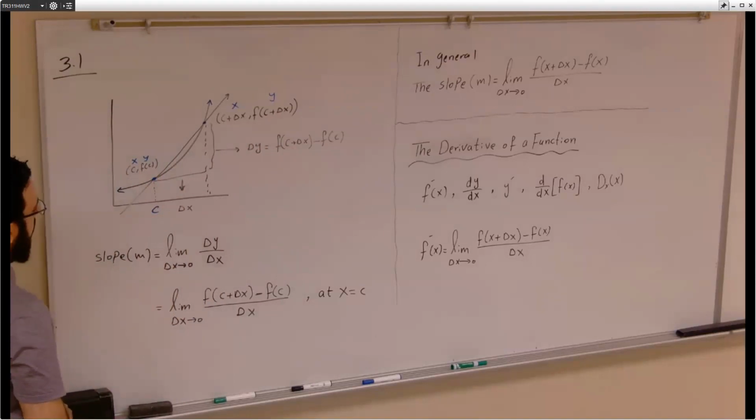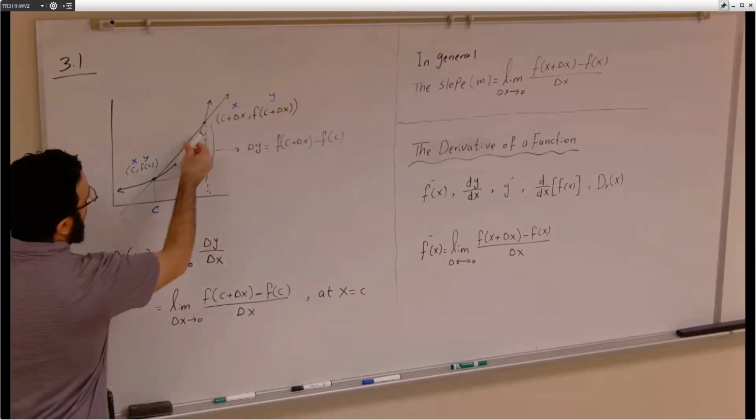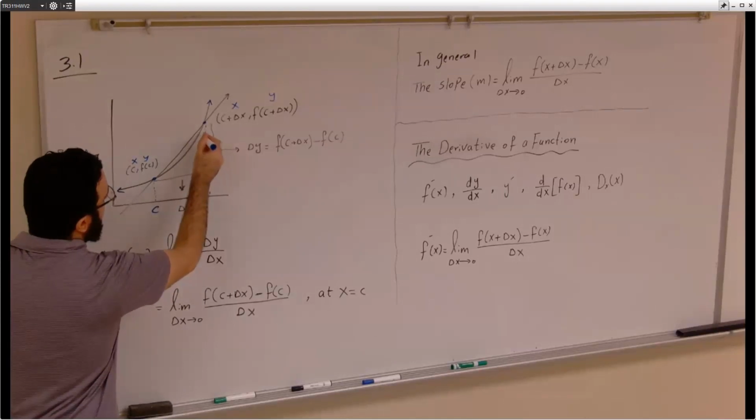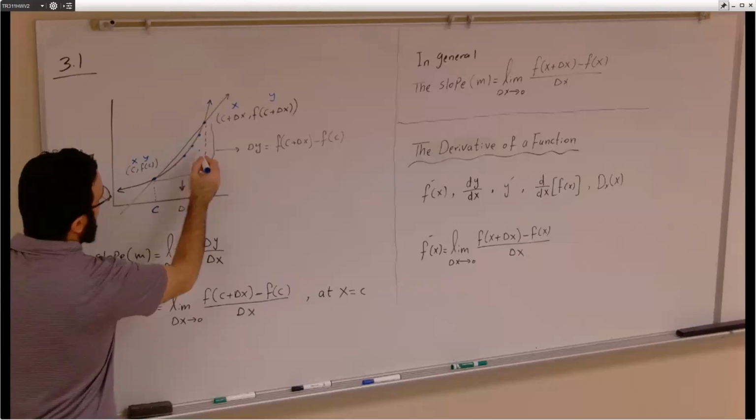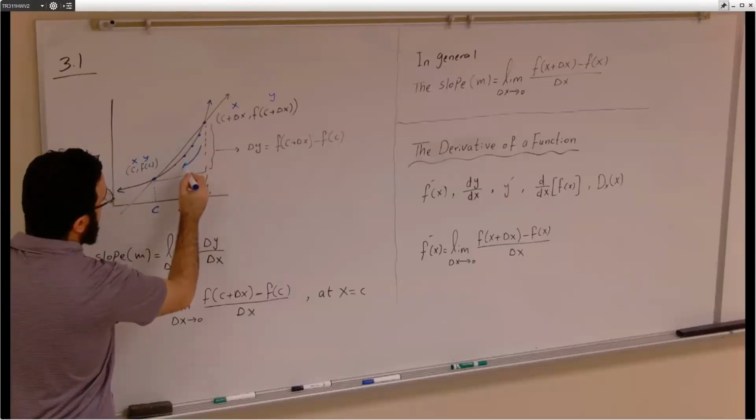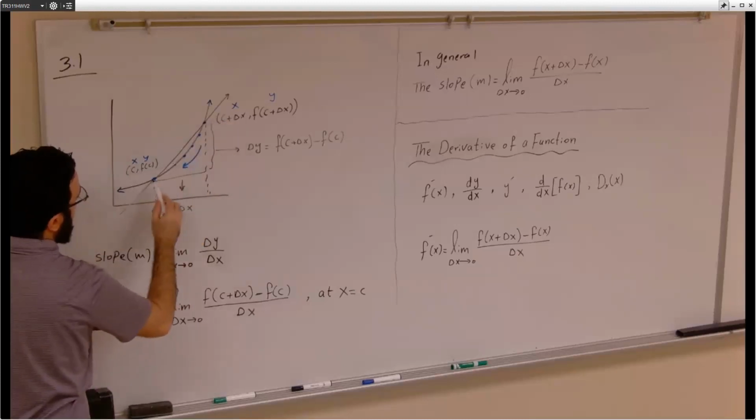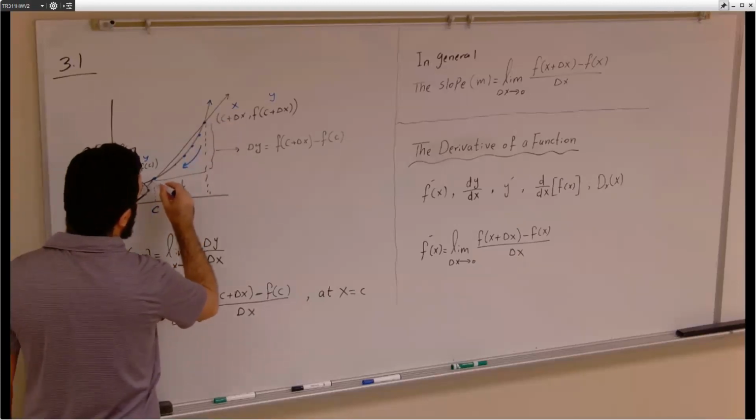And we said the first thing, we're going to find the secant line, which is going to be here. Then we're going to choose another point here, another point here, another point here, and we're going to keep going until the secant line reaches the tangent line, which is going to be here.